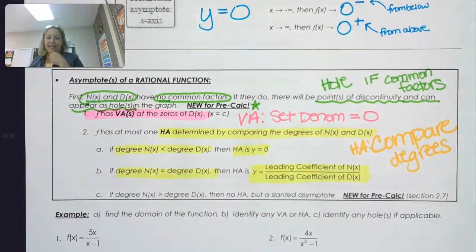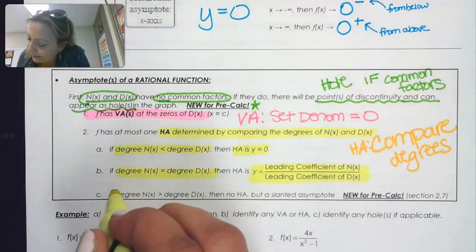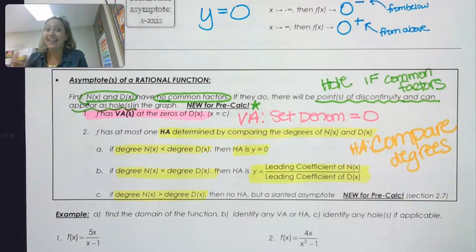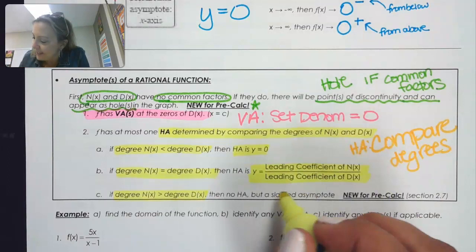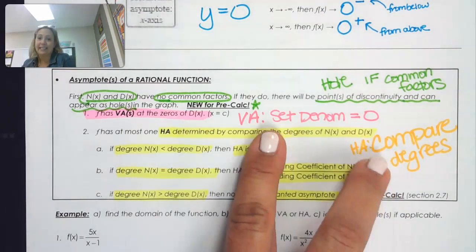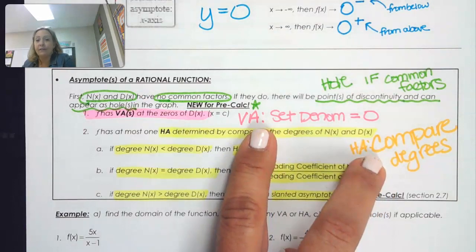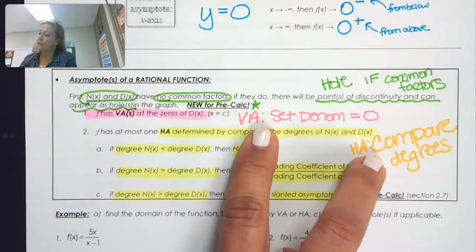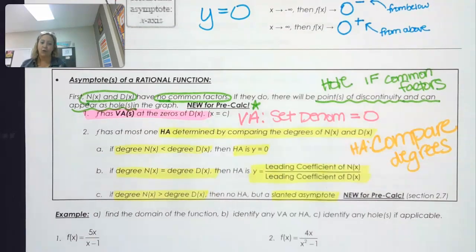Now, last year, if the degree of the numerator was greater than the degree of the denominator, you just said there's no horizontal asymptote. But we're going to spruce it up some more. This year, we're going to say there's a slanted asymptote. We'll get to that in the next lesson. But hopefully, this idea is review for you, how to find the vertical asymptote and horizontal asymptotes. And then the new thing we'll look at today is finding a hole.